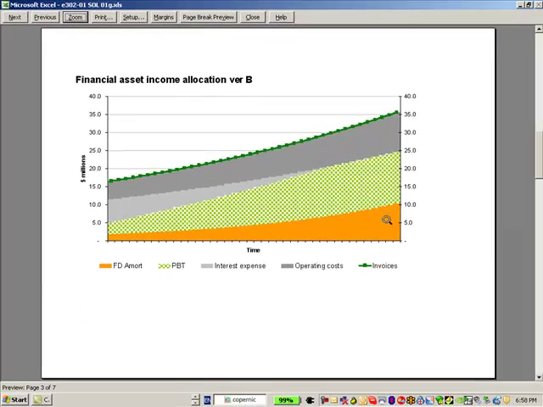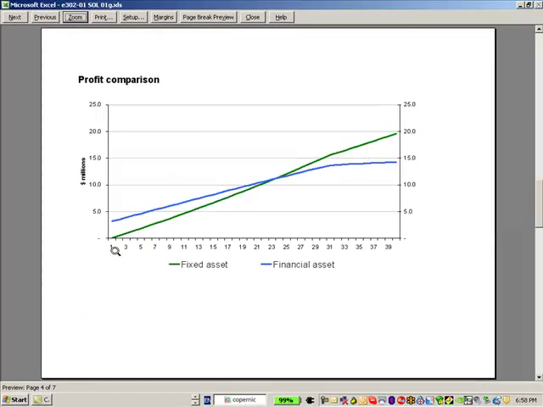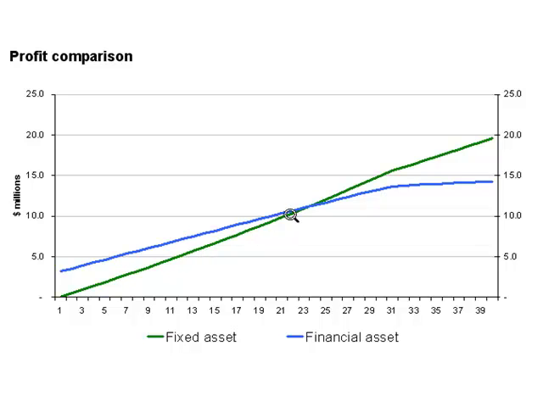And to look at those two lines together with the fixed asset profile charted here in the green line and the blue financial asset, you can see not only is there a crossover, but as we'll talk more about in a few minutes, the area that the financial asset sits underneath fixed asset at the back, where it loses ground to fixed asset, is the same as the area that it beat, or that we front loaded profit before tax or accounting profit at the front of our sales contract.